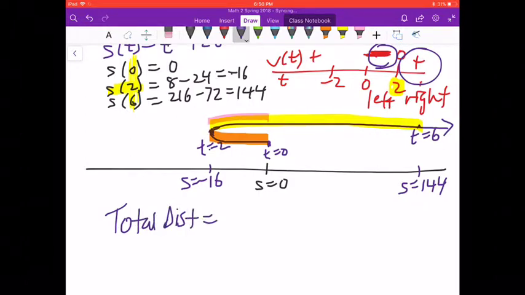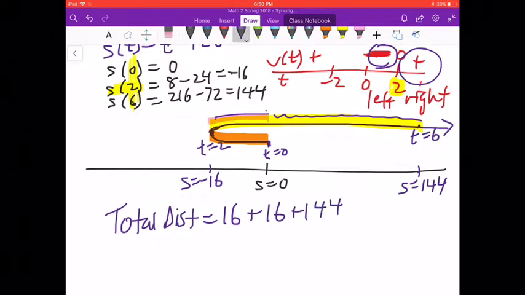We traveled 16 units to the left, and then we traveled 16 units back. That's right here in the orange. Oh, excuse me, the pink. And then after that 16, we traveled this distance right here, which is 144 from the 0 spot. So we're going to add 144. Now if you put that all together, you will get 176 units.